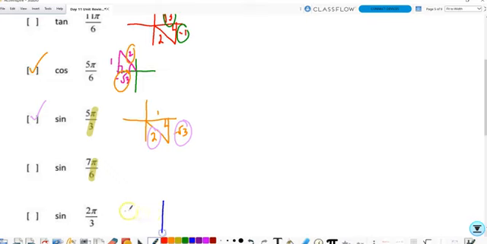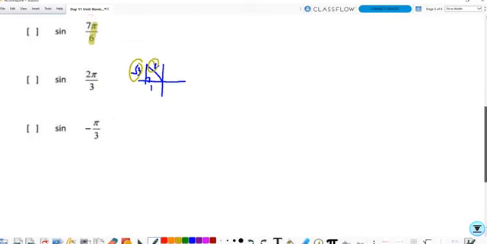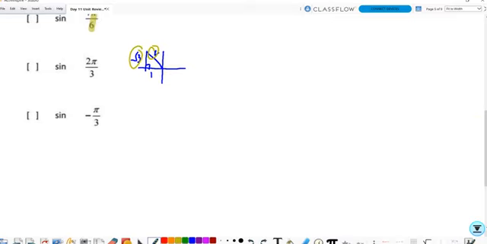2 pi over 3, that's a possibility. It's the same reference angle. But 2 pi over 3 is in quadrant 2. And sine being y over r, that's a positive root 3 over 2, so that's not equivalent. Let's try one more.